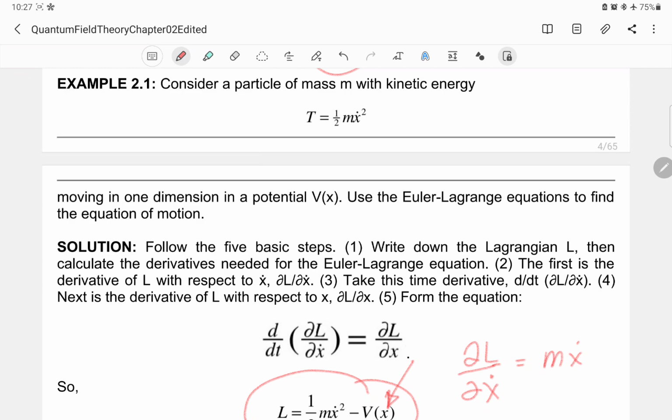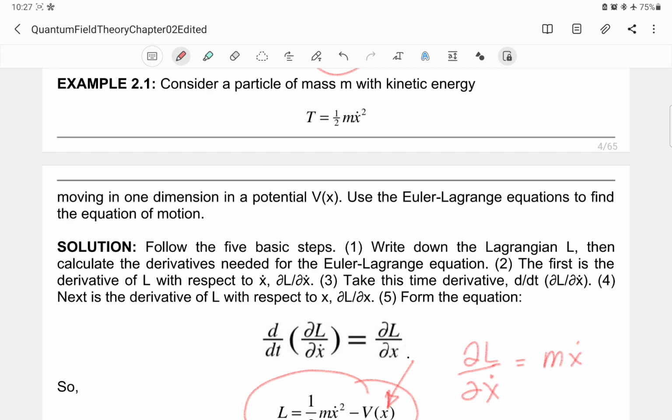Again, we'll consider an example: a particle of mass m with kinetic energy T equal to 1/2 m x dot squared, moving in one dimension with a potential V(x).